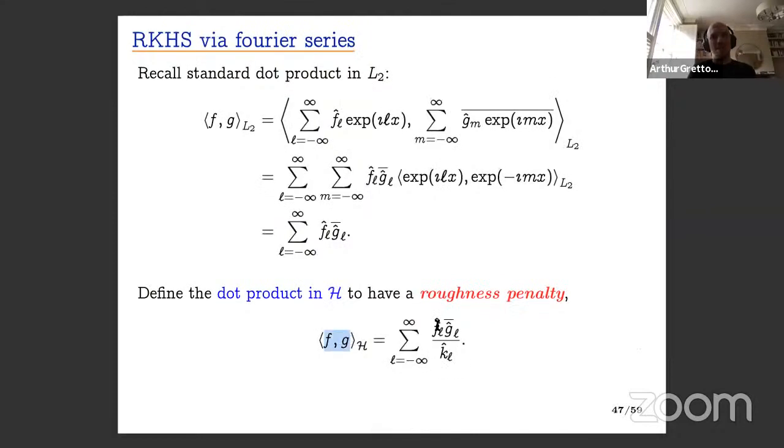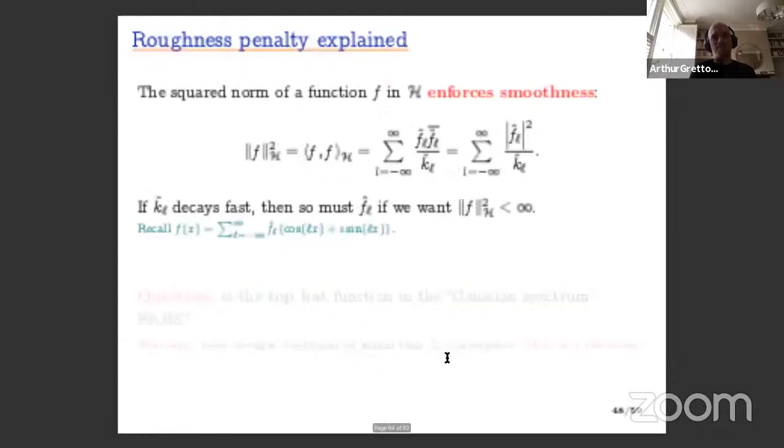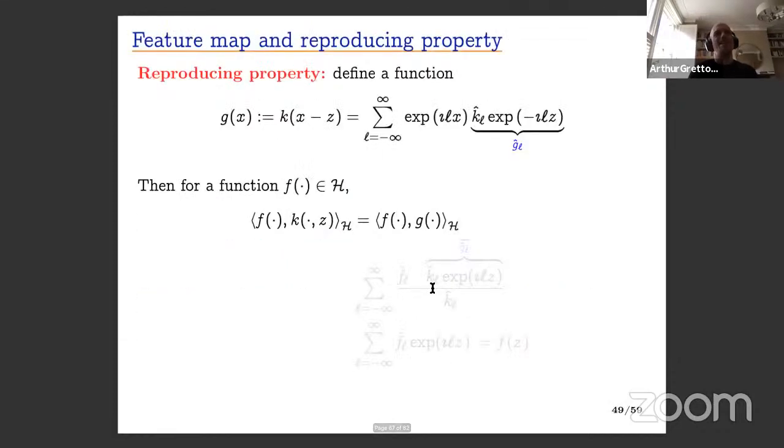F and G is the dot product of the Fourier coefficients that define F times the conjugate, so the complex flipped Fourier coefficients of the function G, divided by the Fourier coefficients of K. Now I need the reproducing property, which is that I need to take the dot product of F with K, and for that, I need to get out F at Z. And I'm going to check that that holds when I use the dot product that I defined on the previous slide, this roughness penalized dot product.